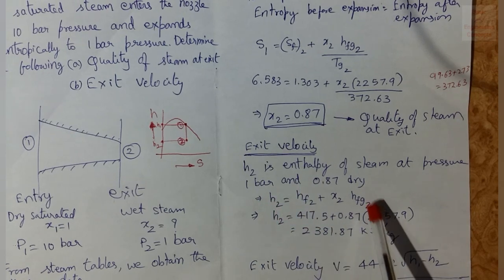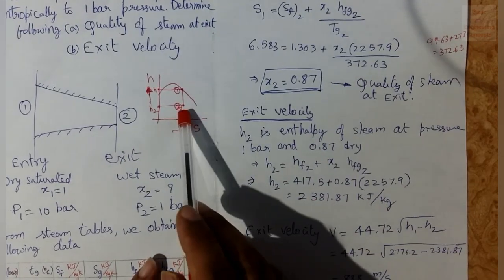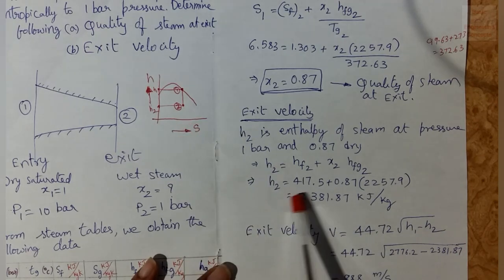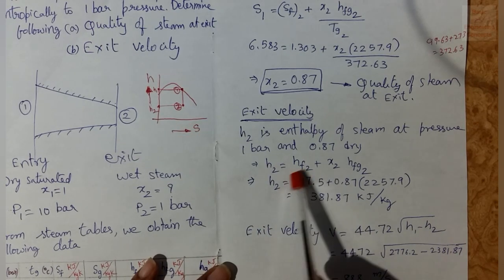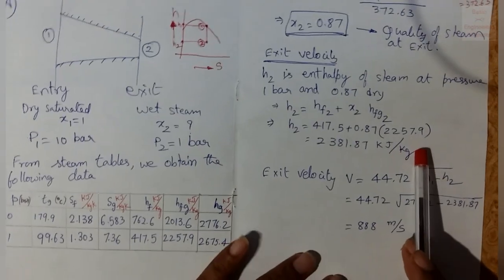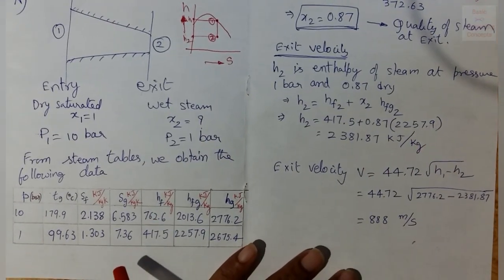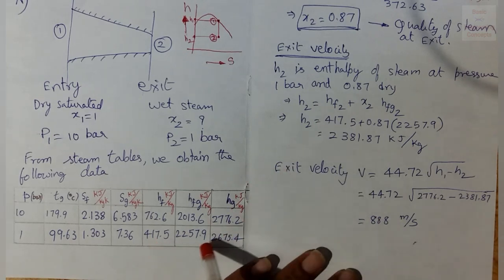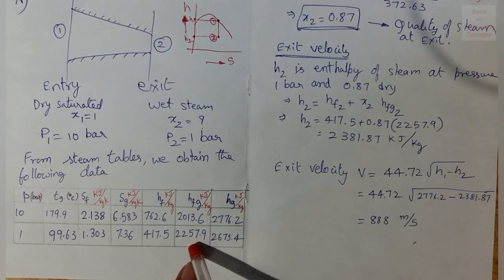This is the expression when the second point is in wet steam. Substituting the values, H2 is equal to HF2, 417.5, plus X2, 0.87, into HFG2, 2257.9.